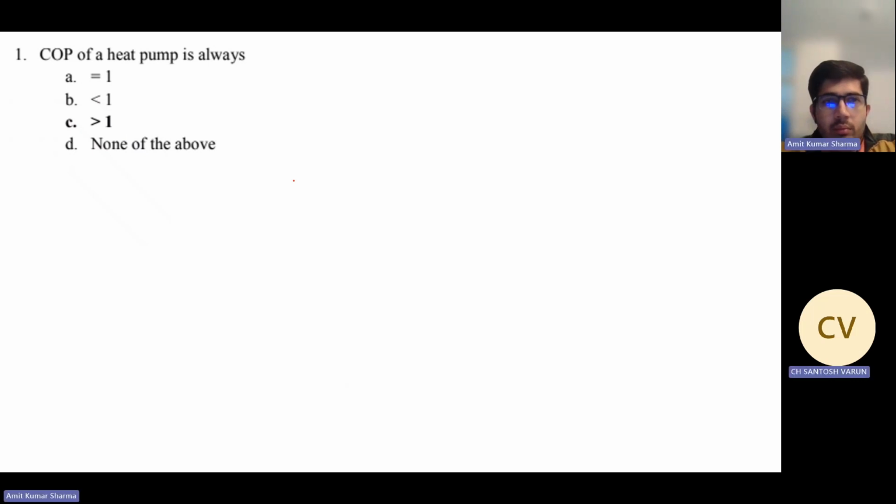It's greater than one. Okay, so we have one answer that COP of heat pump is greater than 1. Let's wait for another 1 minute. Anybody else want to answer?